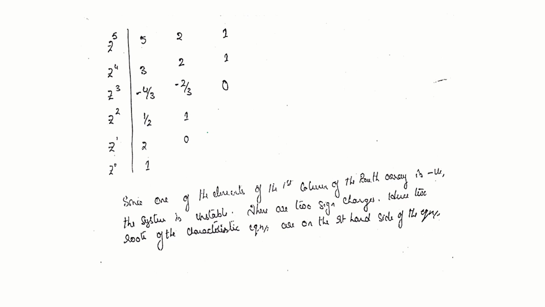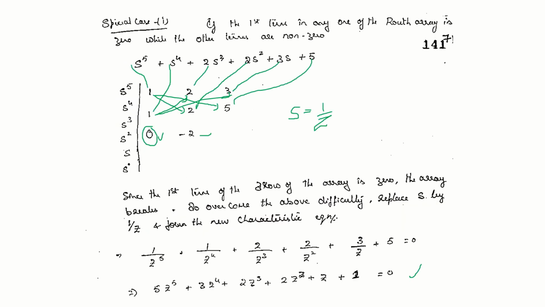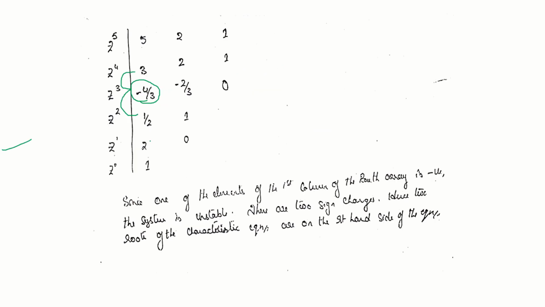And from that again you rearrange the elements the same way. Okay. Now you have got one negative. System is unstable. There are two sign changes. Two roots are on the right hand side of S plane. Okay, whenever you encounter a pivot 0, then you can do this.